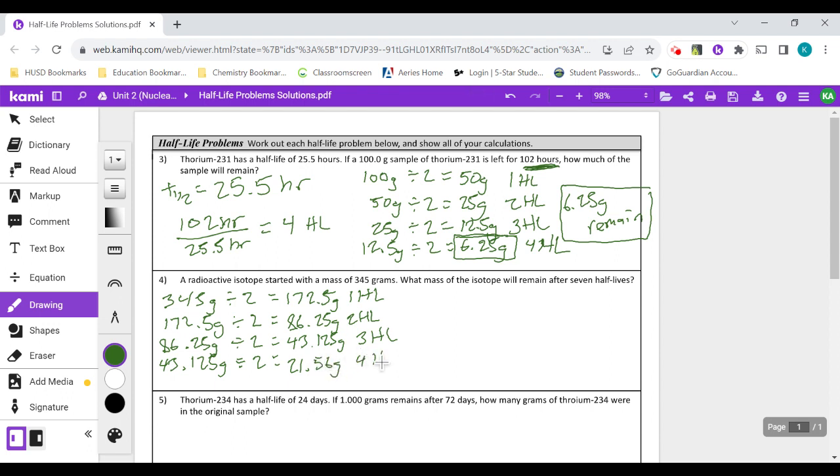That's 4 half-lives. 21.56 grams divided by 2, that's 10.78 grams. That's 5 half-lives.